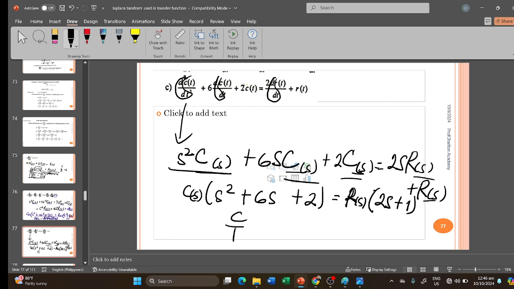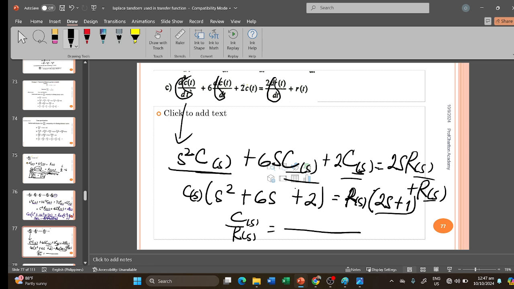So finally, C over R, or the transfer function, is what? 2s plus 1. We just have to cross multiply. This one becomes the numerator, and the other becomes the denominator.